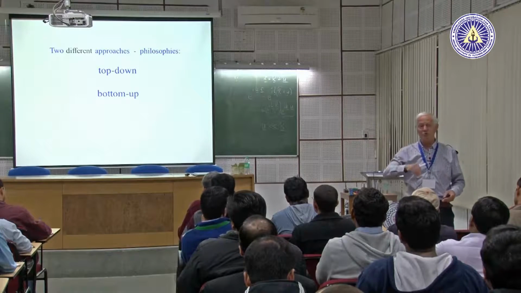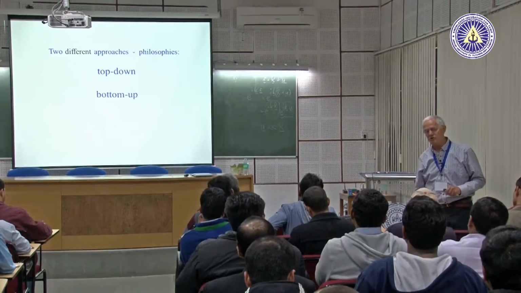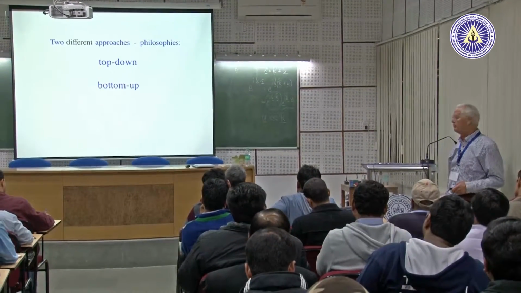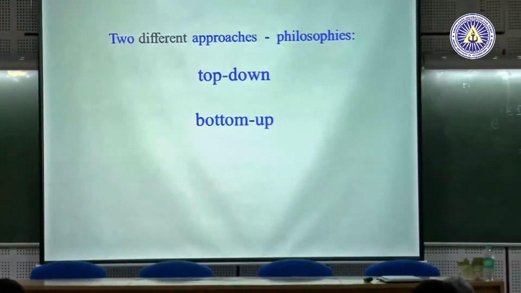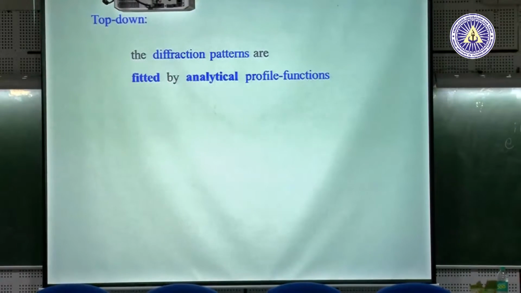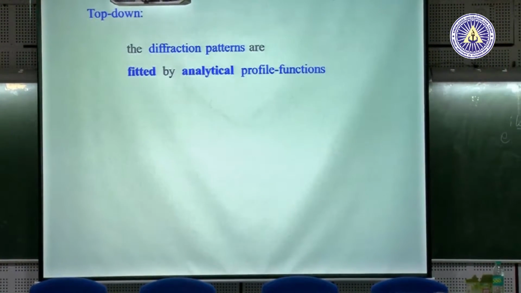I have to come to one point here. There can be two different approaches to line profile analysis. One can be called top-down, the other one bottom-up. Top-down means, well, that is a fantasy.